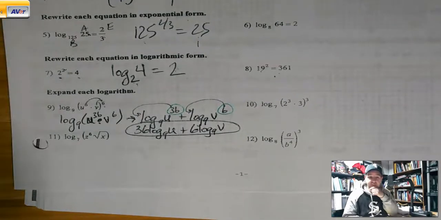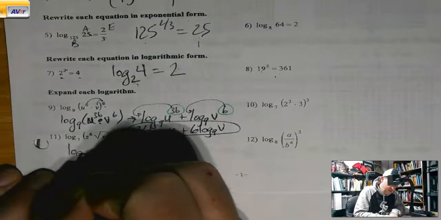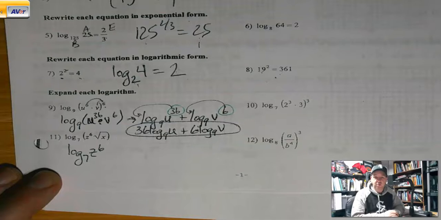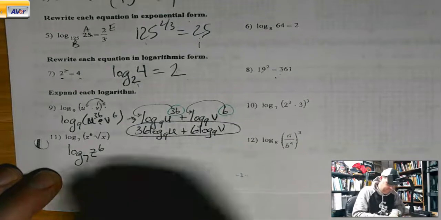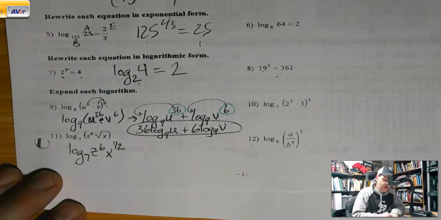And we'll do number 11 as well because there's a funky little twist in here. Even though once we take care of it, it's not going to look too funky. We look at 11 and you're like, ew, what's going on there? How can I make the square root an exponent? I get 1/2. Otherwise, this is going to look eerily similar to number 9.